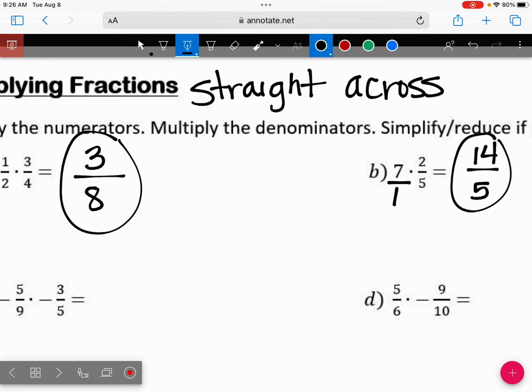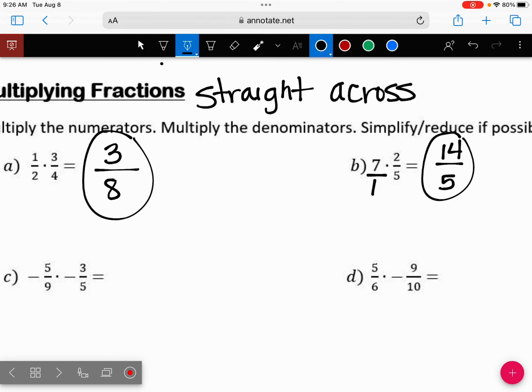For question C, whenever you multiply two negatives, it becomes positive. So I know that my answer will be positive. So I'm going to take 5 times 3, which is 15, and 9 times 5, which is 45. Now this one can be reduced.